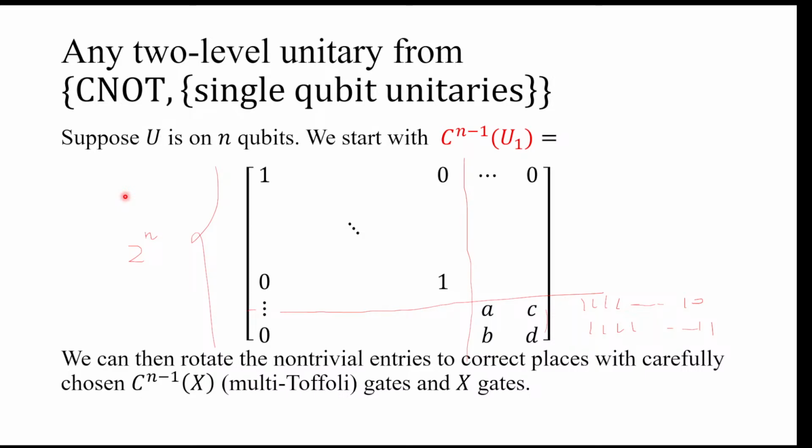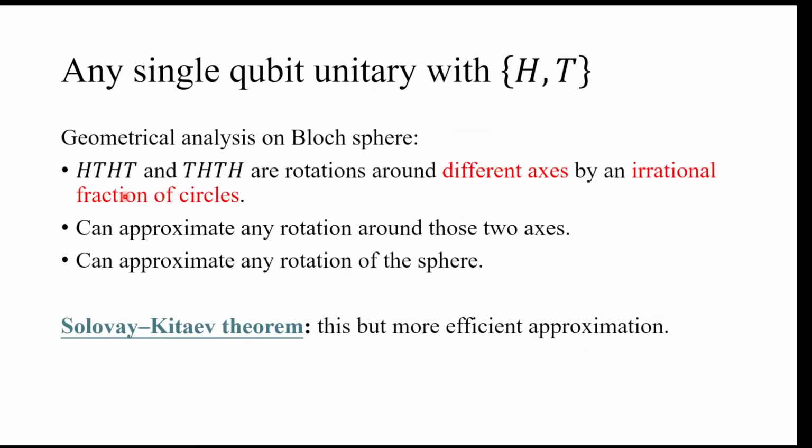And lastly, we have the last part of universality. It's that any single qubit unitary we can get from the Hadamard and T gates. And yeah, the short answer is you can just do this by geometric analysis on the Bloch sphere. Yeah. So first, we need to change our basis from Hadamard and T to these two gates.